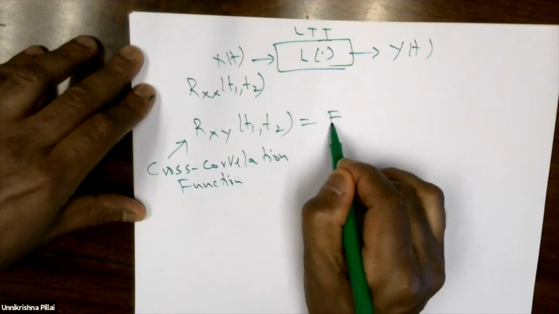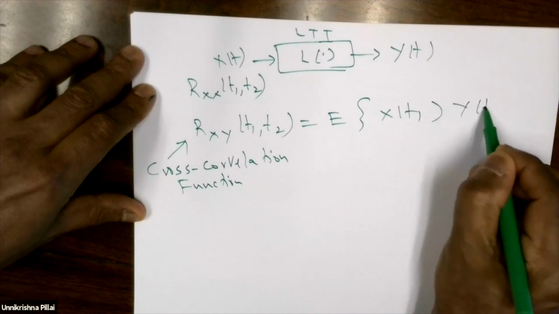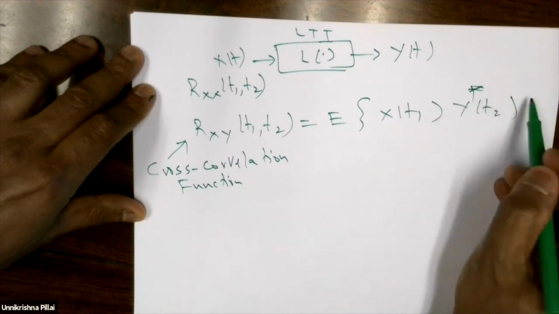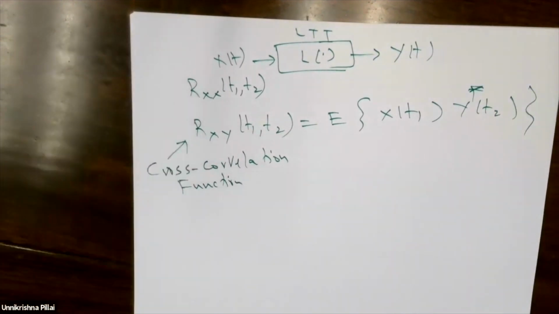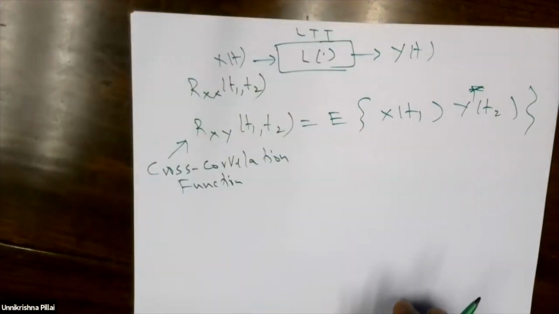By definition, this is the expected value of x of t1 multiplied by y of t2 star. Those of you who are confused, look at the star coming up here, because I am assuming you could have complex input and so on.